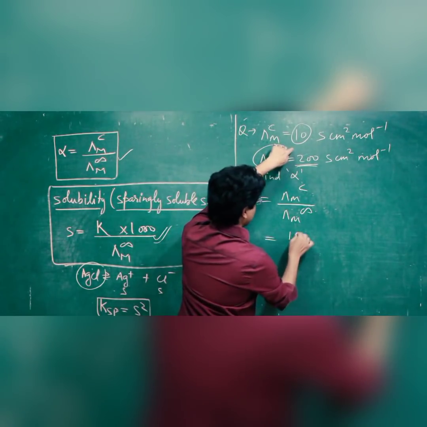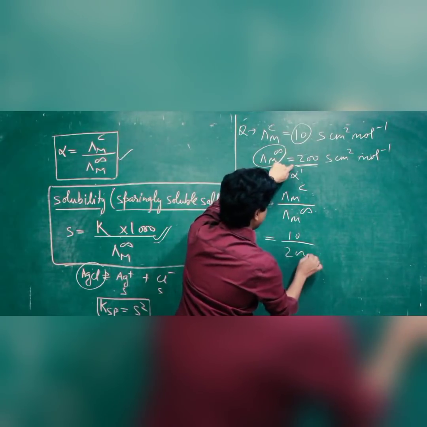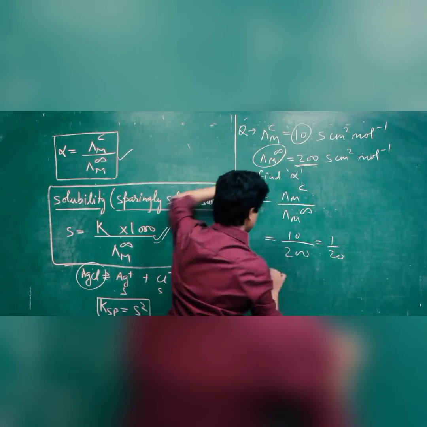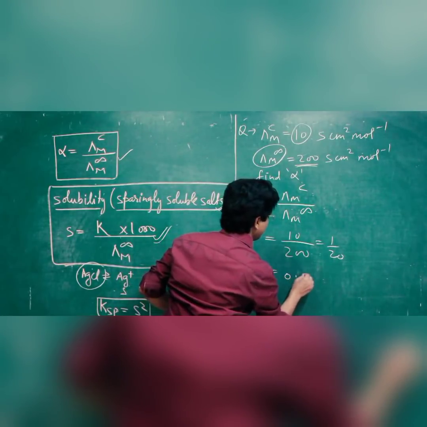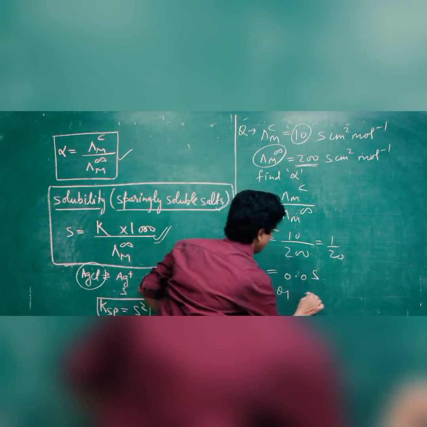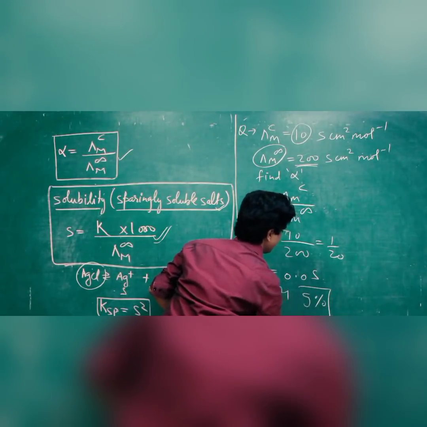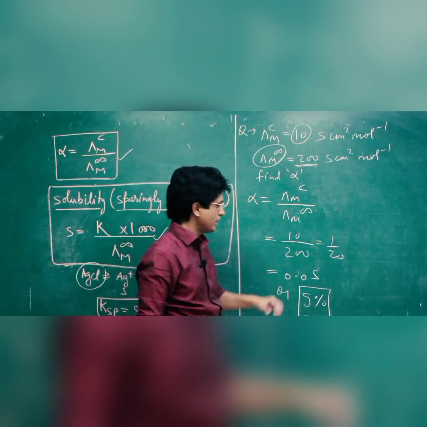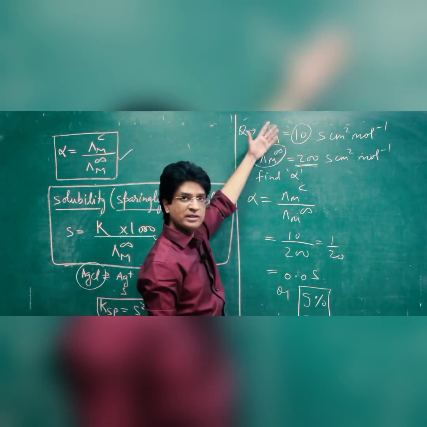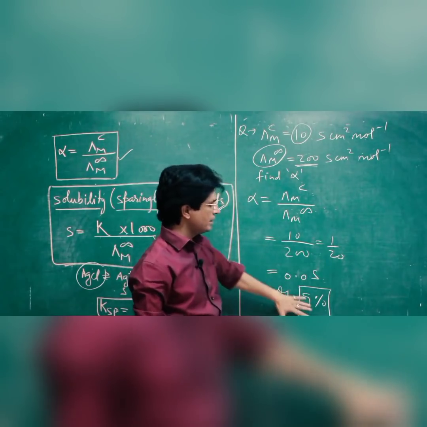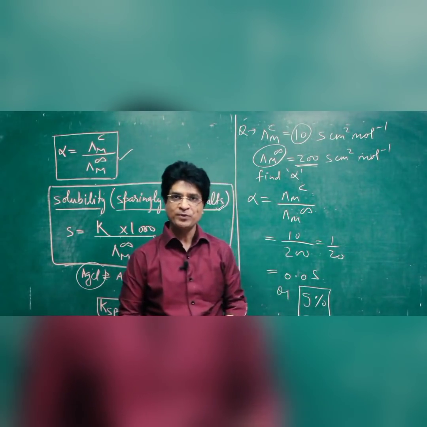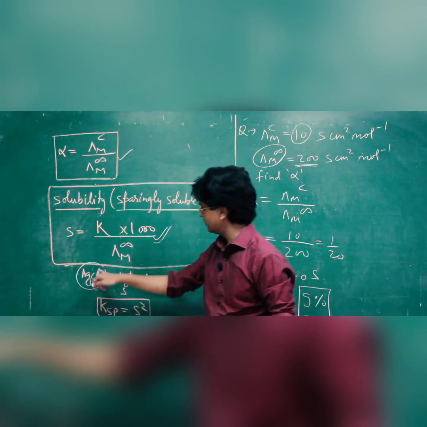This is 10, this is 200, so it will be 1 by 20. Simplify that, you will get 0.05 or simply 5%. So alpha will be 5%. This signifies that whatever the electrolyte is, it is a weak electrolyte. Okay, now let's see an application of the other formula as well.